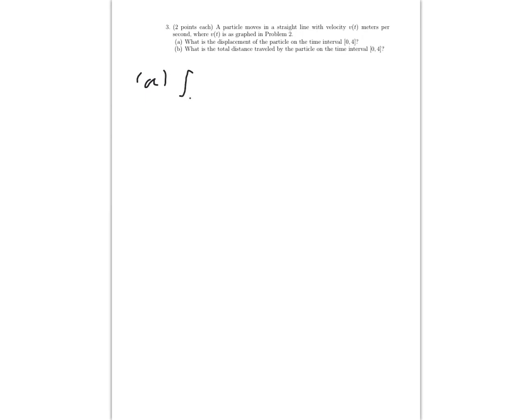And so that's the integral from 0 to 4 of v of t dt, right? So that's just the signed area under v of t, which is given on the previous problem.